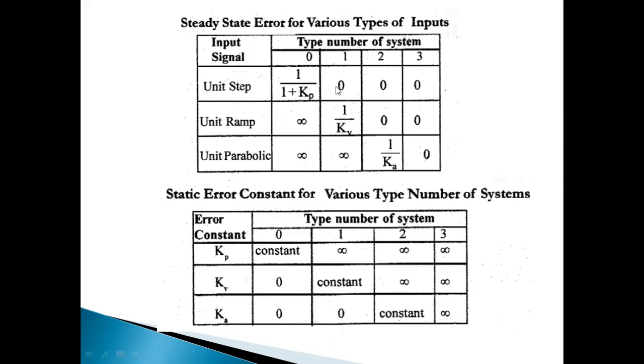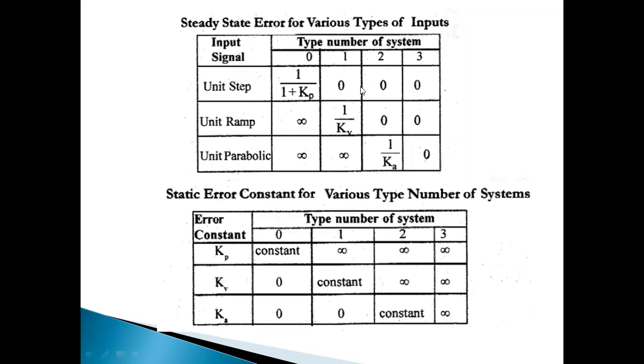1 by 1 plus Kp: if we substitute the infinity value here, you will get 0. So if I observe the steady state errors, when the input is unit step input, the steady state error is 0 for type 1 and above systems.